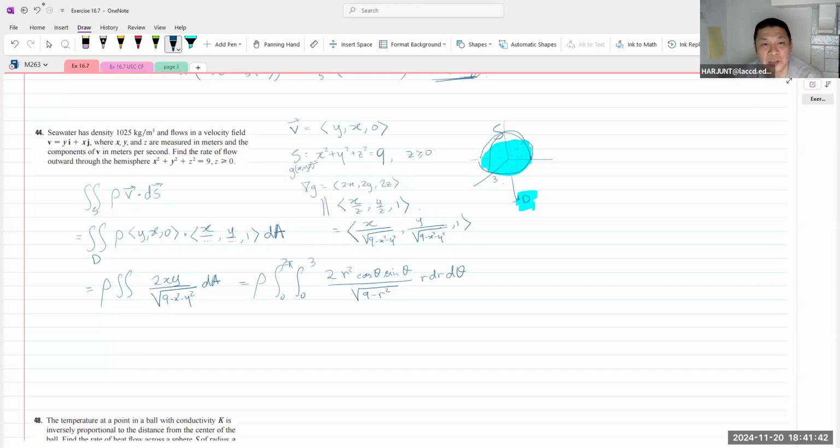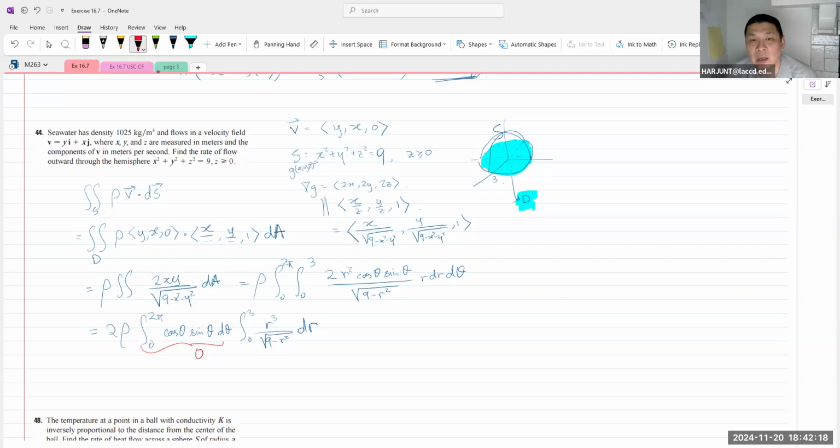The nice thing about this is that I can pull the 2 out: the integral from 0 to 2 pi of cosine theta sine theta d theta, times the integral from 0 to 3 of r cubed over the square root of 9 minus r squared dr, and we know this actually gives us 0.